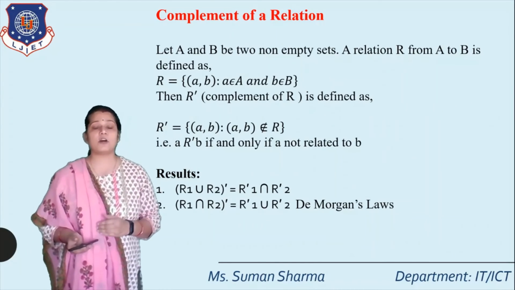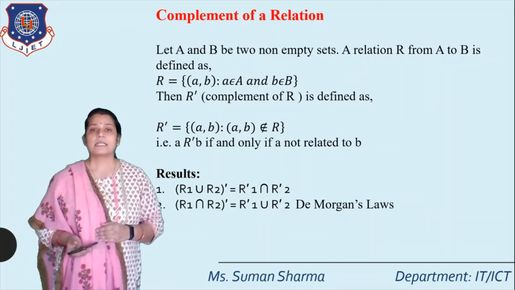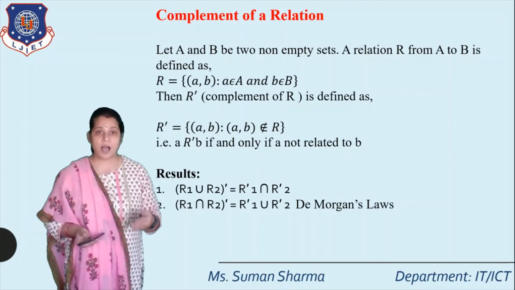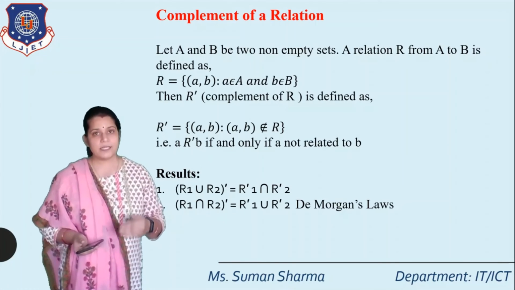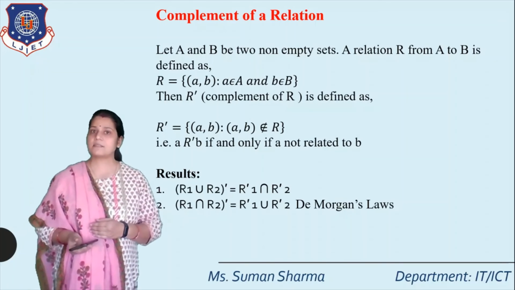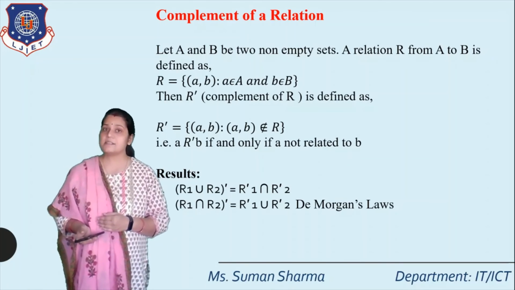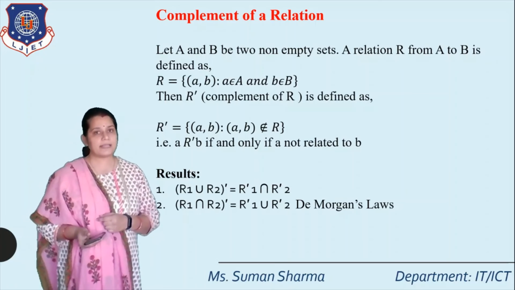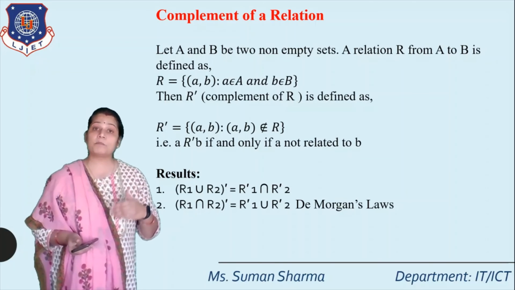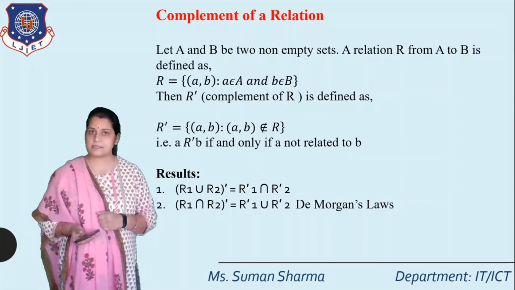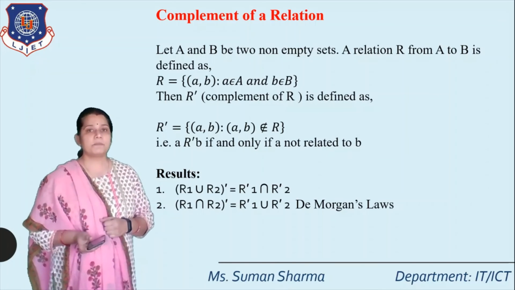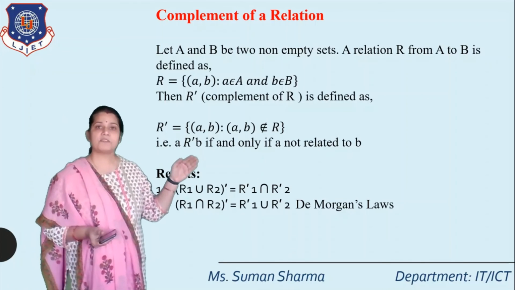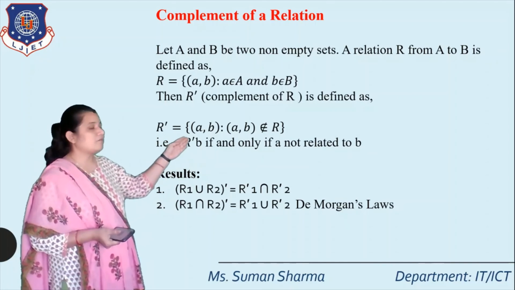Okay. Next one is the complement of a relation. For non-empty sets A and B, a relation from A to B is defined as R equal to A comma B such that A belongs to capital A and B belongs to capital B. Okay, the complement R dash is defined as A comma B such that A comma B does not belong to R. This is how we find the complement relation.